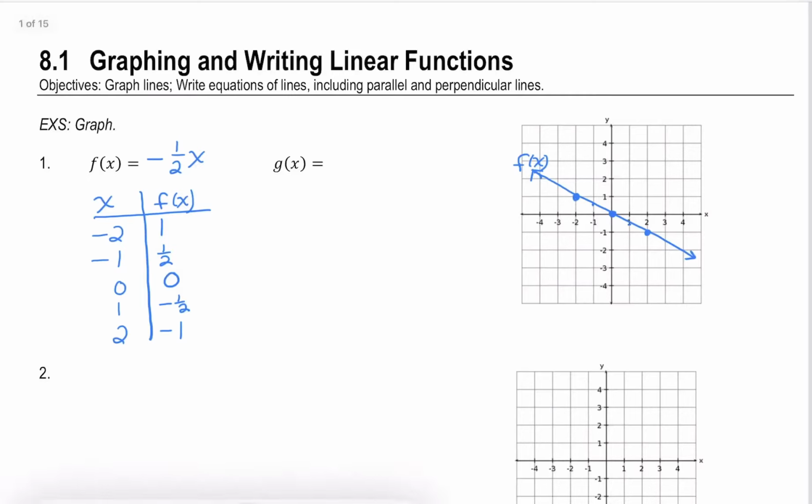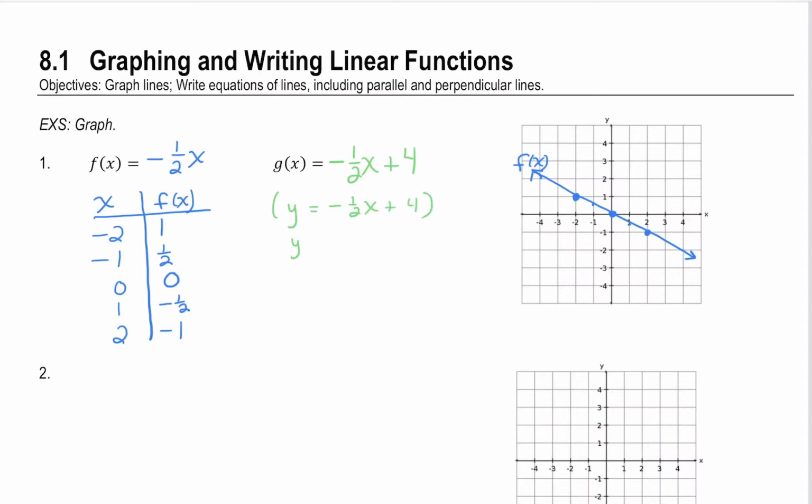All right, so now maybe we remember just a smidgen more, and let's say we're graphing y equals negative 1/2 x plus 4. So this time let's graph with our slope-intercept technique. So remember, this is in the form of y equals negative 1/2 x plus 4. Of course, that's the y.